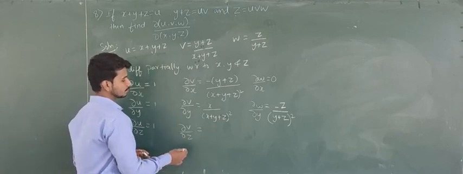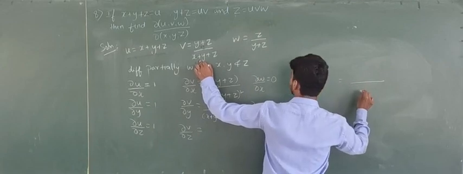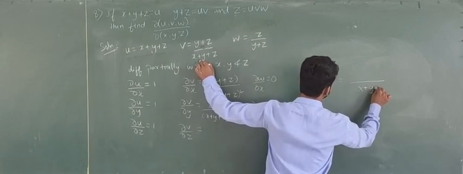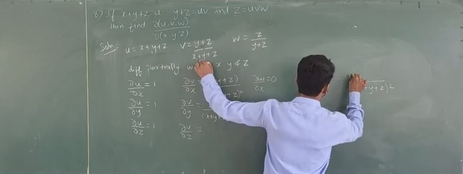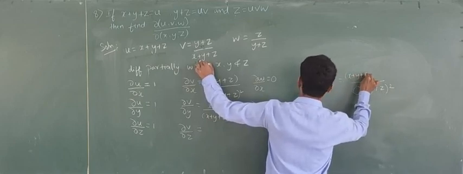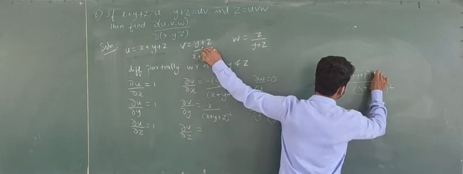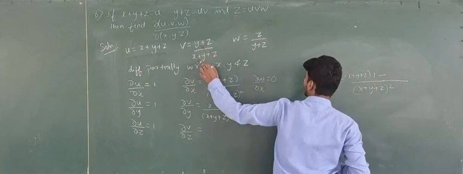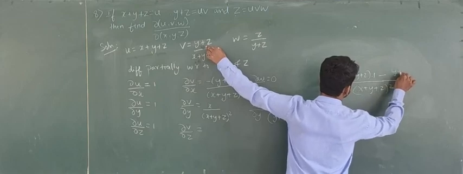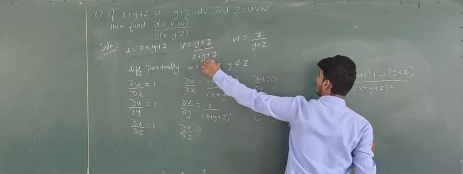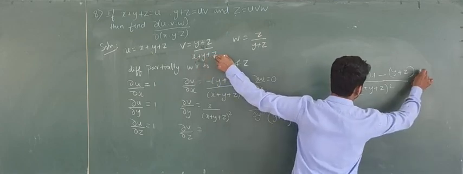Keep the denominator as it is, that is x plus y plus z whole square... we differentiate the numerator, with respect to z it will be 1, minus of, we keep the numerator as it is, that is y plus z, and differentiate the denominator, with respect to z it will be 1.